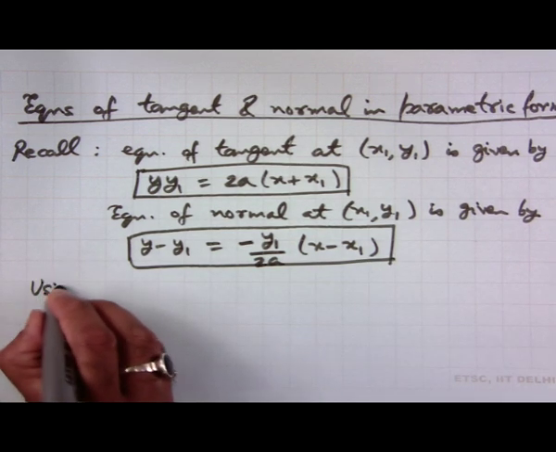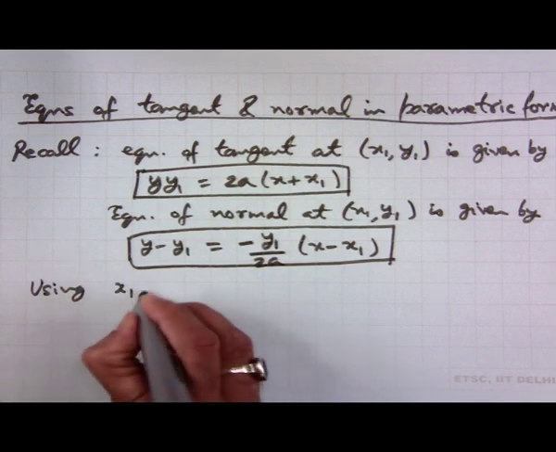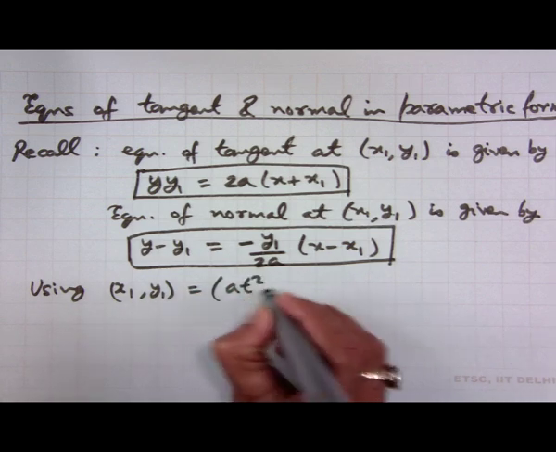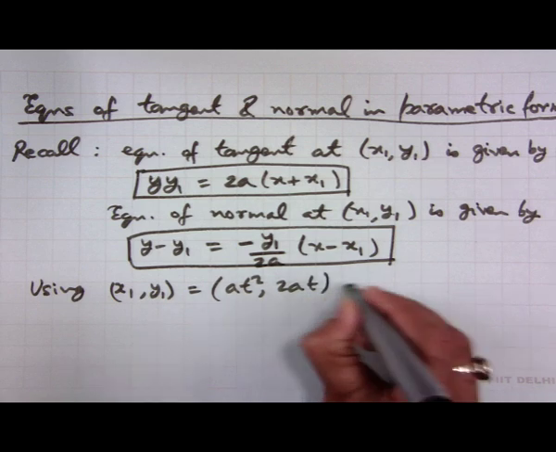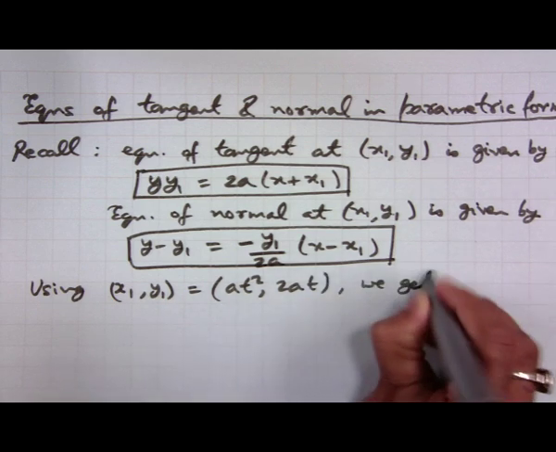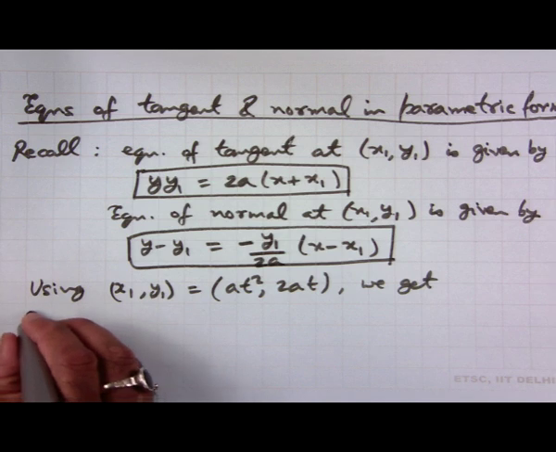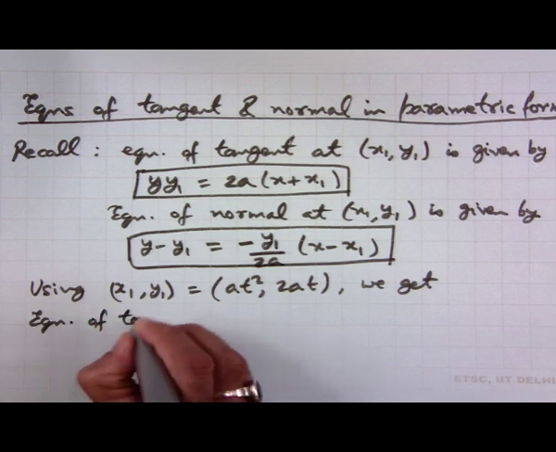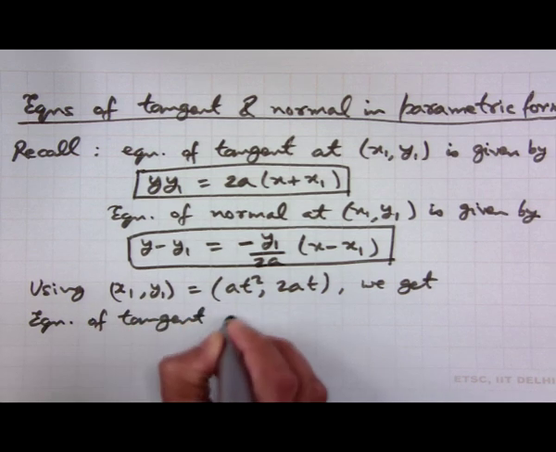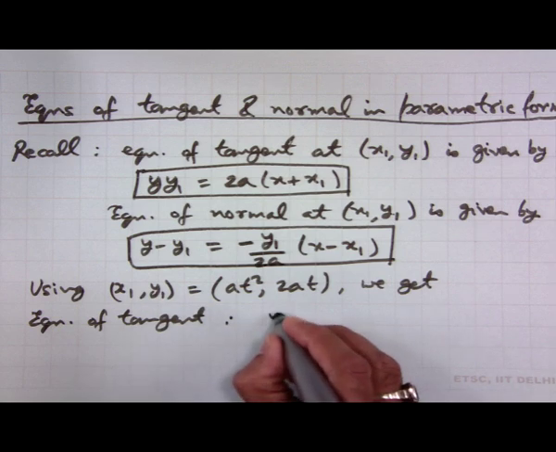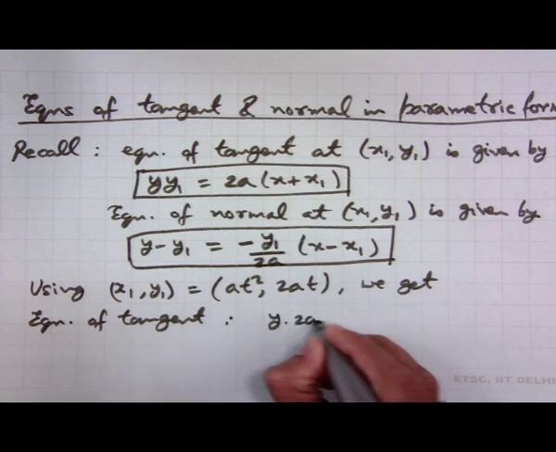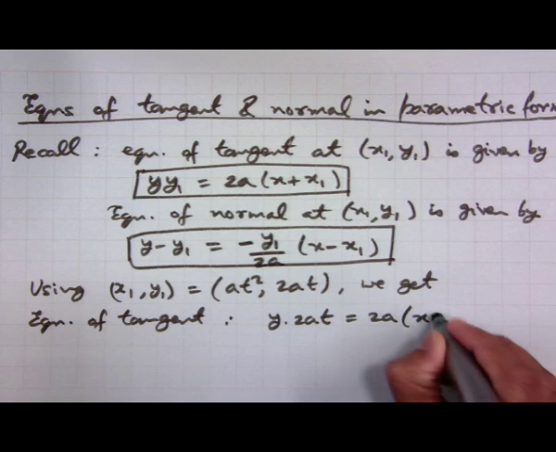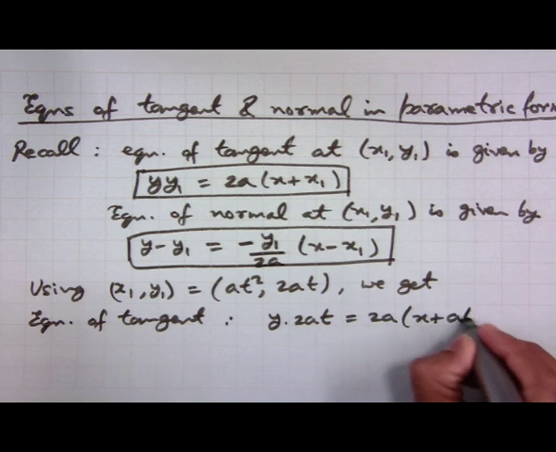Using x 1, y 1 equal to a t square, 2 a t, we get the equation of the tangent: y times y 1 is 2 a t y equal to 2 a times x plus x 1, which is a t square.